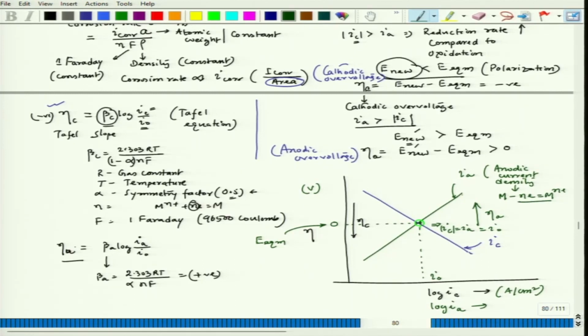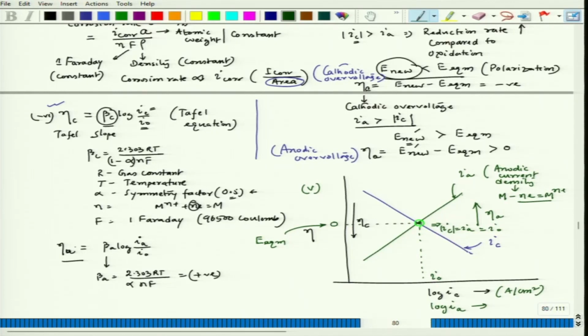So, higher the Ia, higher would be the dissolution rate or higher would be the corrosion rate, and at the same time lower the Ia, lower would be corrosion rate and lower would be the dissolution rate also. So, in fact, you will see that if we can take this Ia to a lower level, then we are actually incorporating a corrosion protection, fine. So, how can it happen?